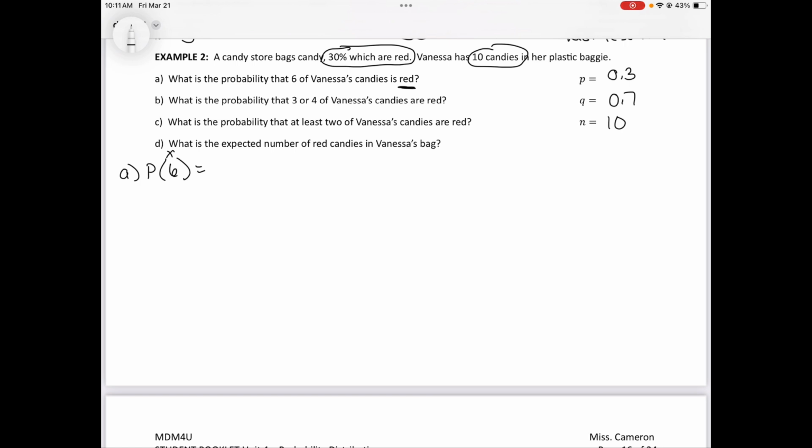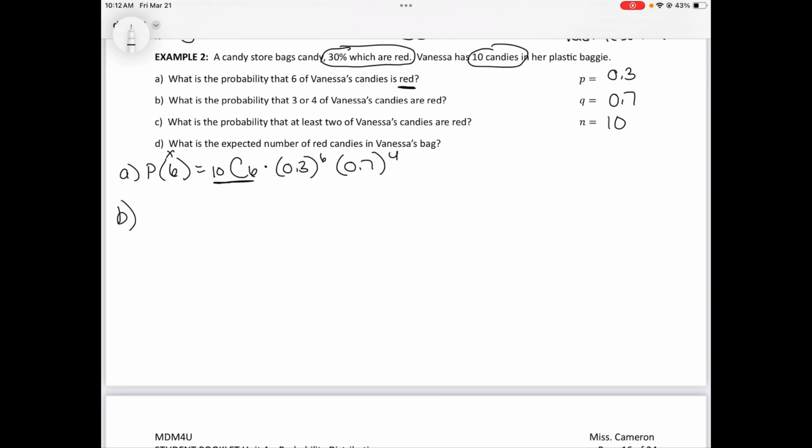So this is simply 10 choose 6 times 0.3 to the 6 times 0.7 to the 4. There are 10 candies and we're choosing 6 successes. The probability of a success, 0.3, is to the exponent 6, the number of successes. The probability of failure, 0.7, is to the number of failures, 4. We don't have to calculate them.